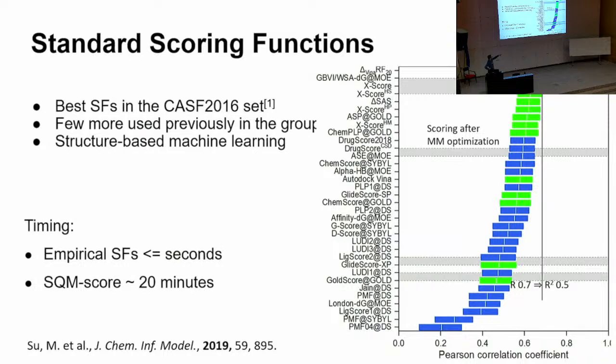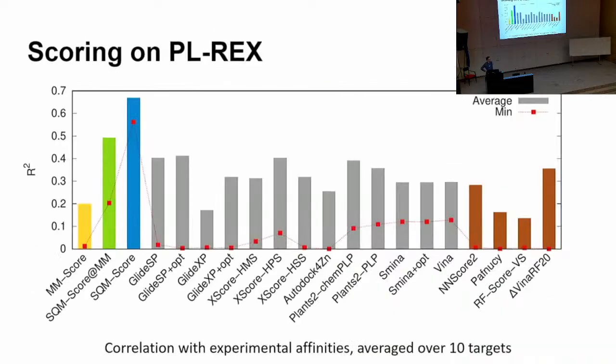So as you can see, there are very many scoring functions out there, the standard ones. So we have chosen only the best ones as they came from the CASF 2016 data set. And we compared them in terms of R squared. It's on the y-axis, and it means the delta G from experiment correlated to the scores.